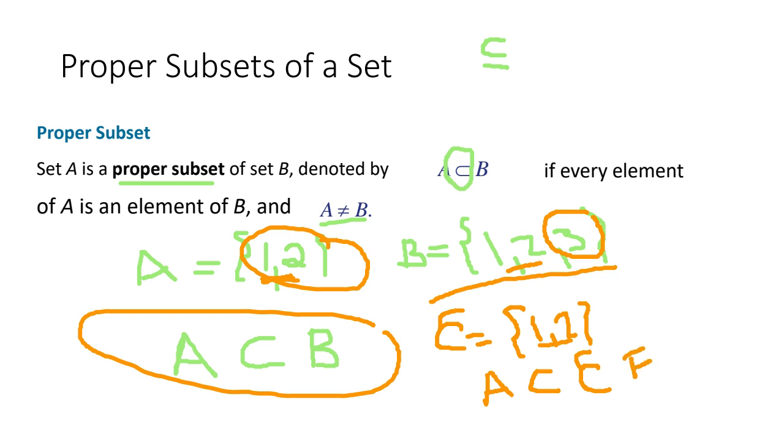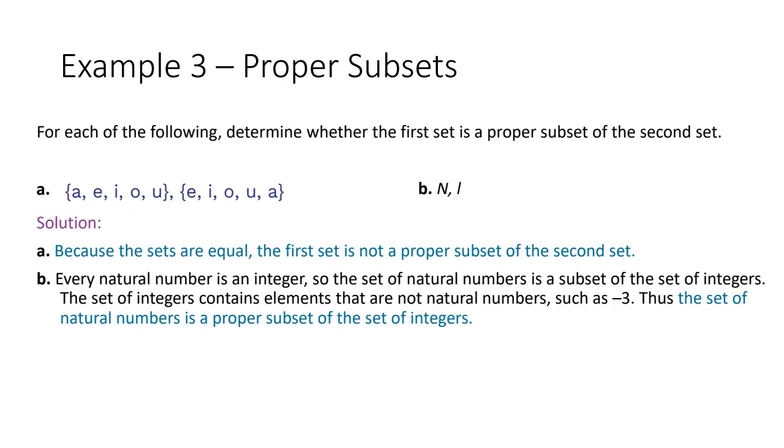So let's try an example. I think I have one here. Well, I forgot to take the answers out, but let's check. So the question here is determine if the first set is a proper subset of the second set. So the symbol is this one here. So is A in here? Yes.